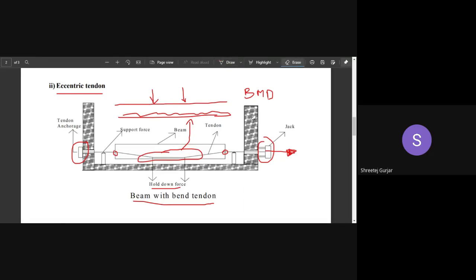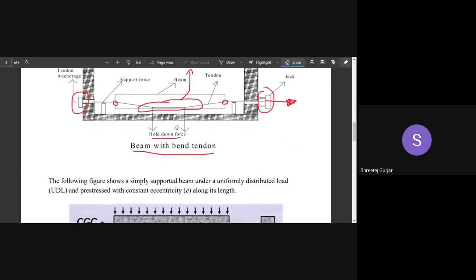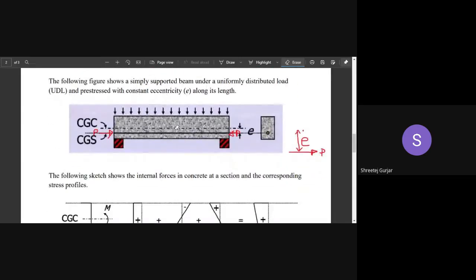This is important. Next, moving on to the figure of the eccentric tendon, wherein we do not have a concentric tendon. We have a tendon which is having constant eccentricity. Try to understand the difference between both of them. We have a tendon having constant eccentricity throughout the beam.